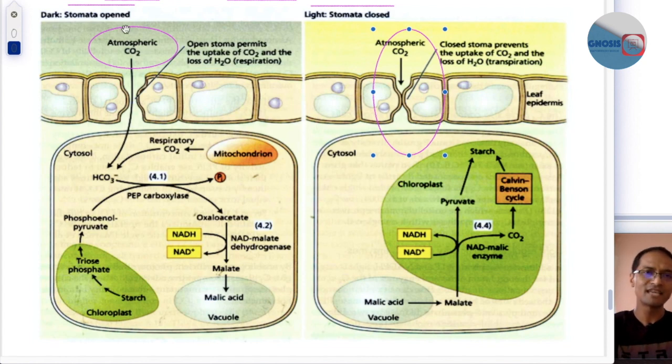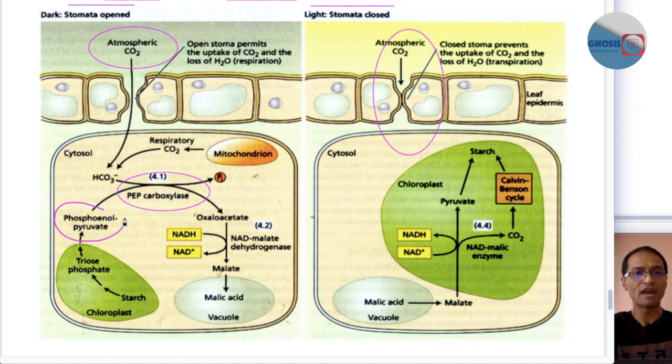But at night, when the stomata are open, atmospheric carbon dioxide can enter into the tissues, into the mesophyll cells, and then this carbon dioxide is fixed by phosphoenol pyruvate carboxylase. It is fixed to phosphoenol pyruvate, and this is converted to oxaloacetate, which is then converted to malate.